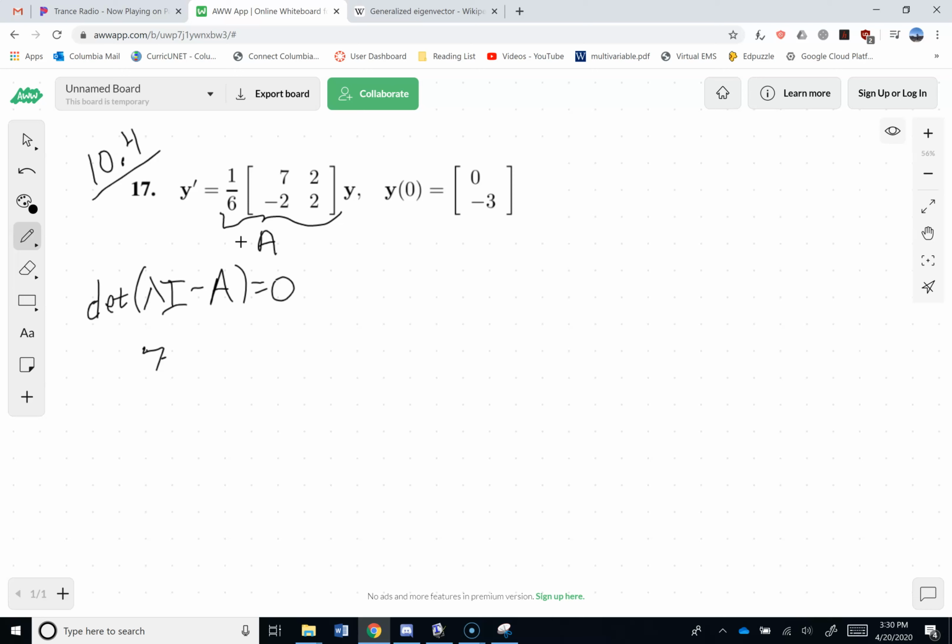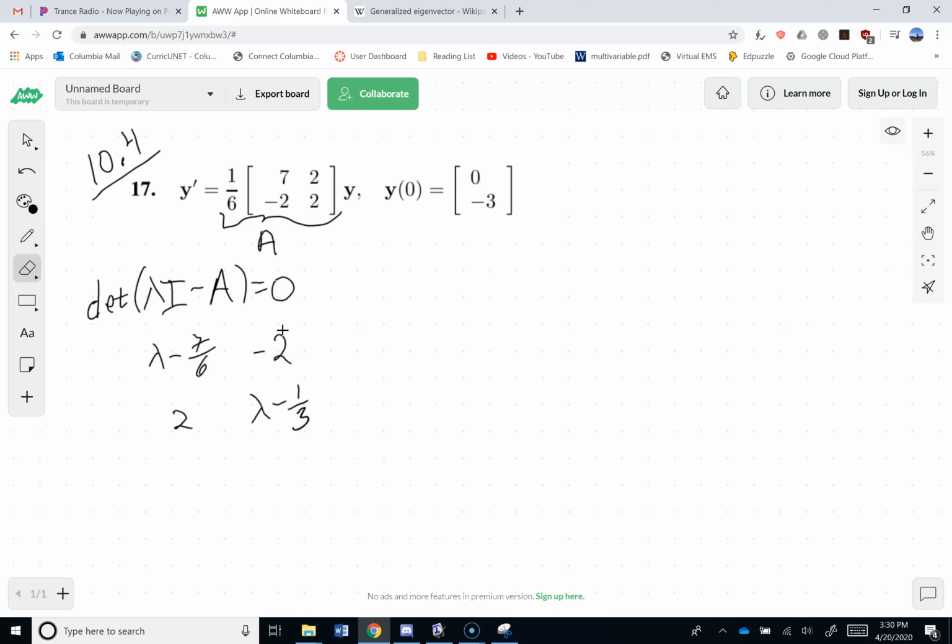Okay, so I have, oops, that's the wrong thing to start with. That should be minus the third. Okay, so it should be lambda minus 7/6, minus 2, regular 2, lambda minus 1/3. Oops, what did I screw up?